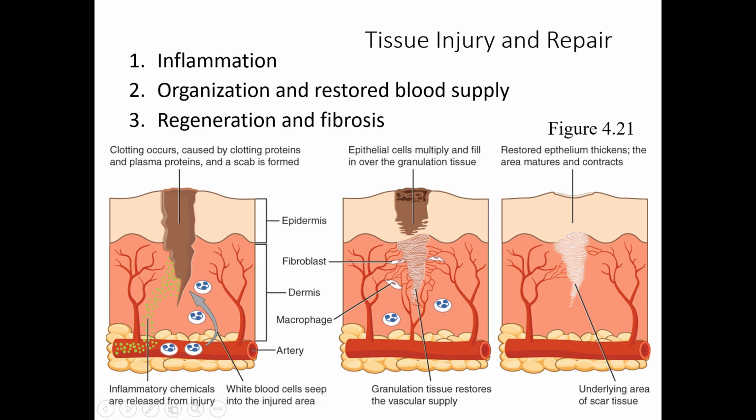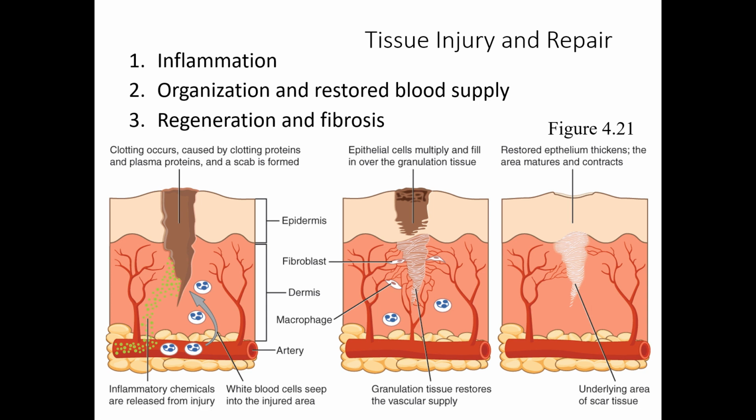At the same time, when blood is clotting right here, nearby blood vessels dilate and release special white blood cells in this area. Why would blood vessels dilate? Because damaged tissues from here release special chemicals, inflammatory chemicals.